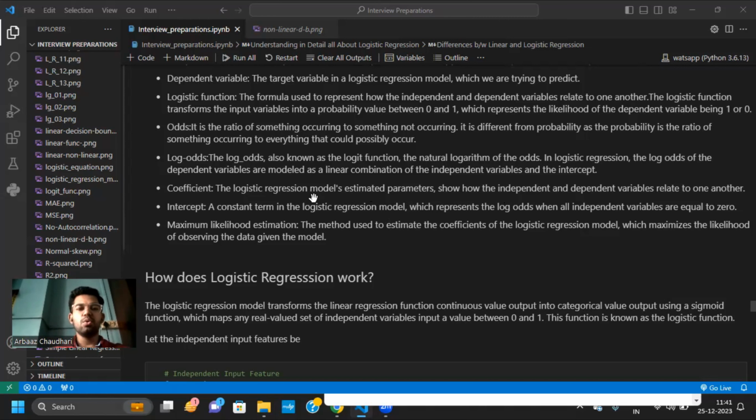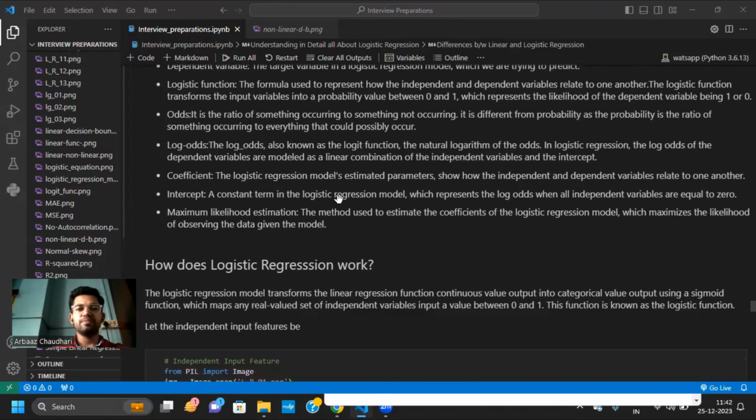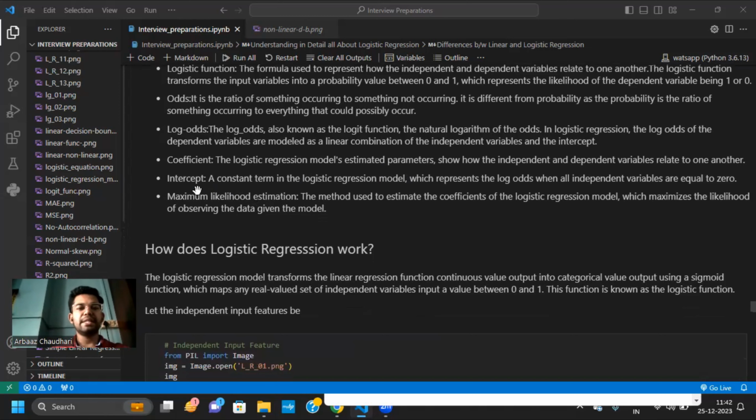That tells us the coefficients, the estimated parameters. Now the intercept is the constant term in the logistic regression model, which represents the log odds when all independent variables are equal to 0.